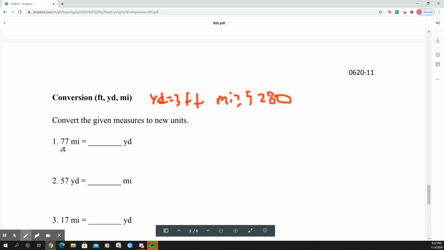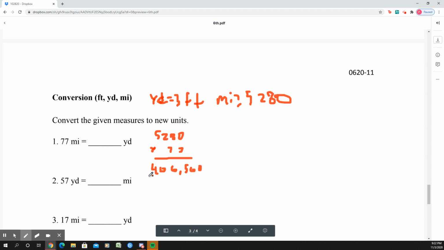So you want to convert 77 miles into feet, which is just 5,280 times 77. And that would be 406,560.